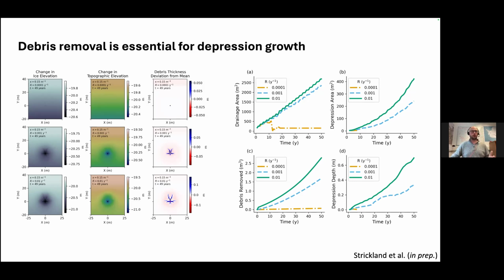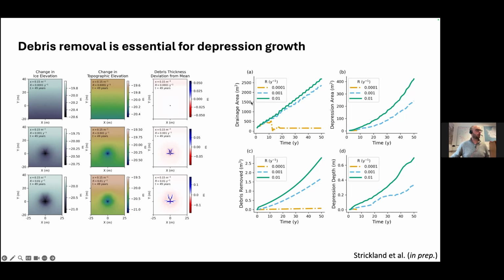And what I found is that when you turn off debris removal, or even if you just turn it down quite a bit, you will not get a depression at all. So you absolutely have to have debris removal at these drainage points in order to get topographic depressions to grow there. And that's what this complex of figures is showing here.